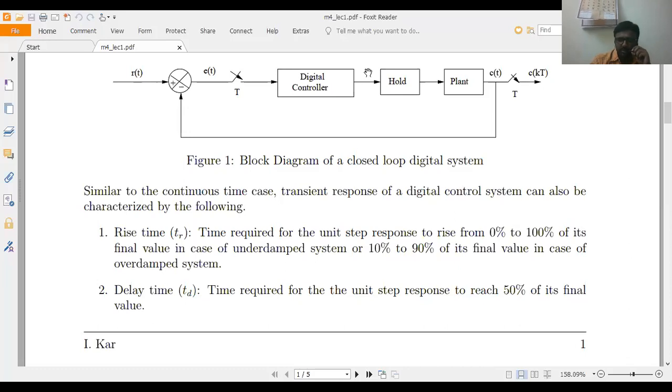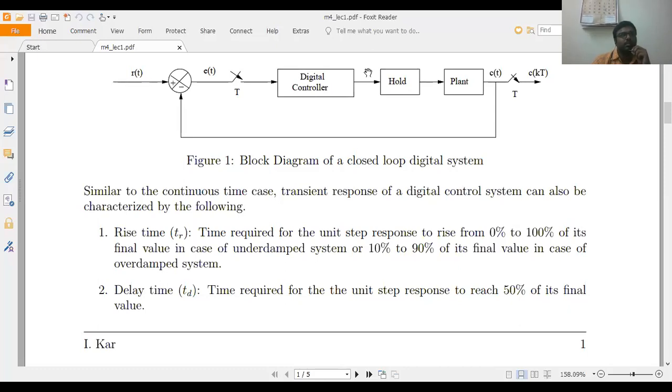All these topics were studied by you in our control systems, so don't get confused. All these topics from unit 5 are familiar to you. I am once again briefly explaining all the concepts. The first specification regarding the transient response is rise time.